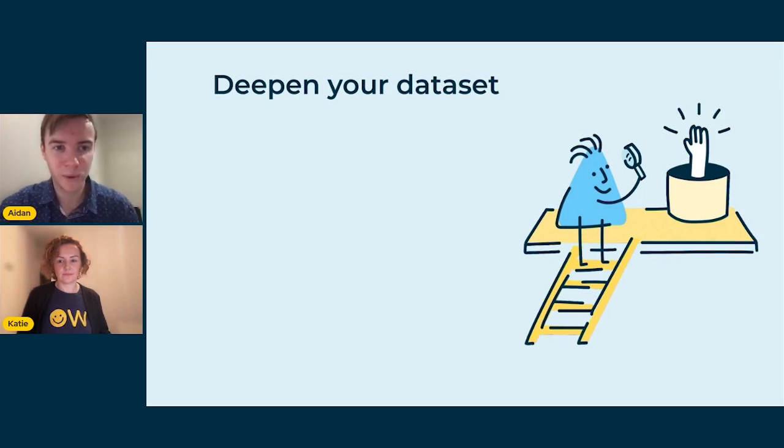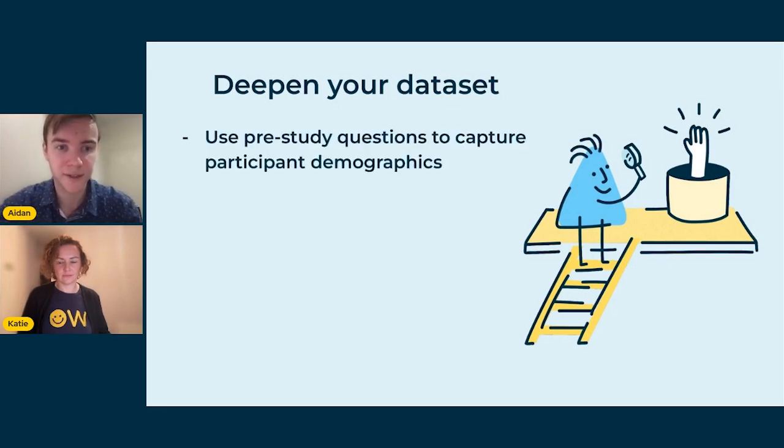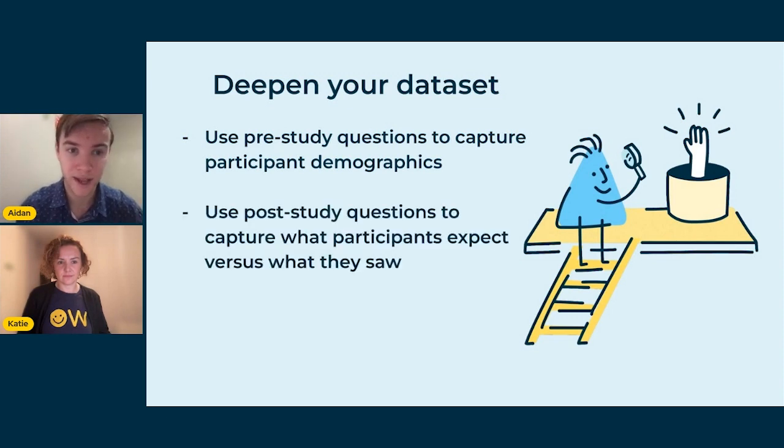Also, it's really important to deepen your data set and actually get more insights than just the metrics that we've talked about so far with the Treejack analysis. Katie mentioned there that you can actually use pre-study questions and also post-study questions to capture different information.